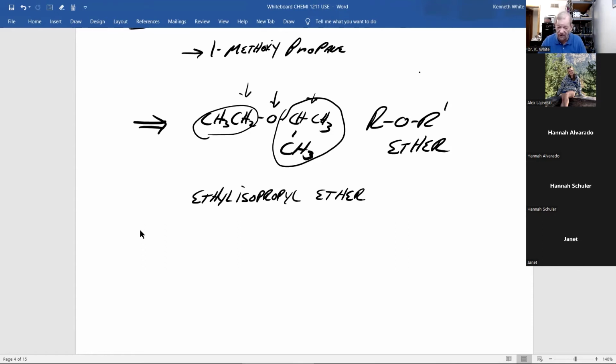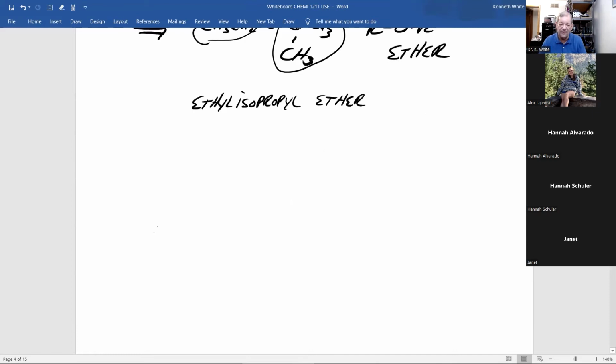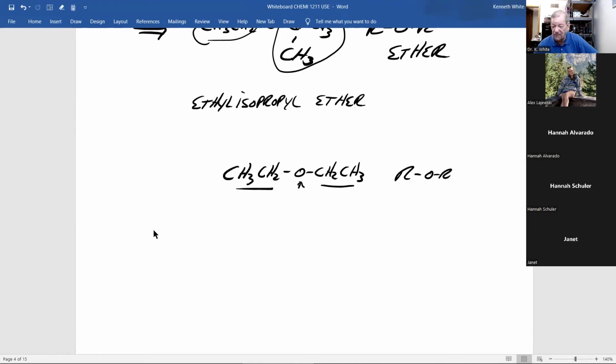Let's do one more ether because it's something I'd like to talk about. And this is, oh, look, an ether, two R groups, and they happen to be the same, but they could be different, on an oxygen, and that's an ether.